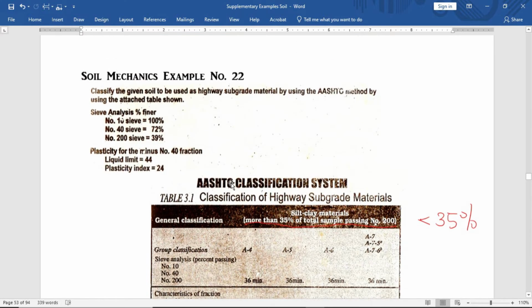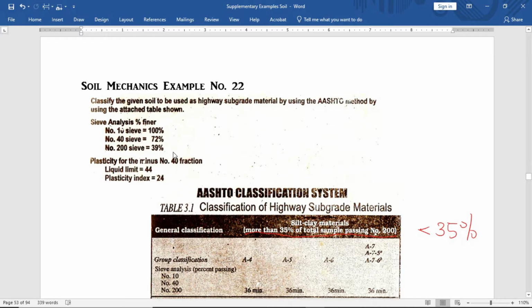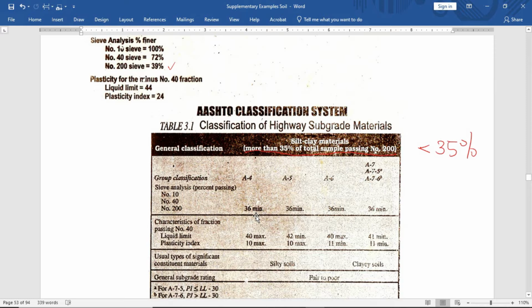So, ito applicable kasi yung passing sa number 200 is 39, which is greater than 35. So, proceed na tayo. Paano ba natin gagamitin yung table na to?